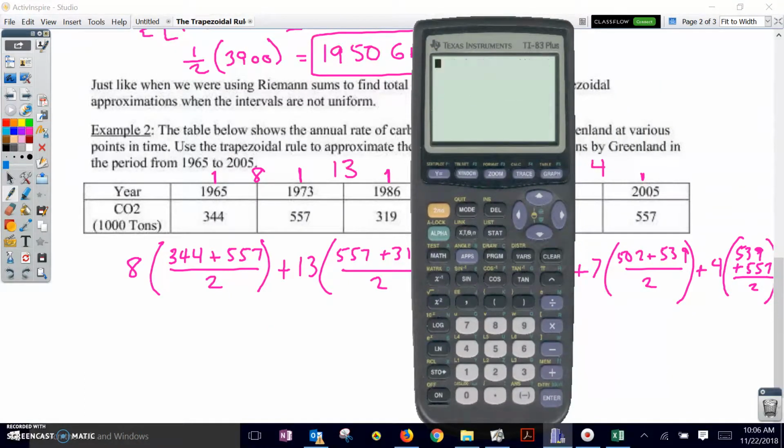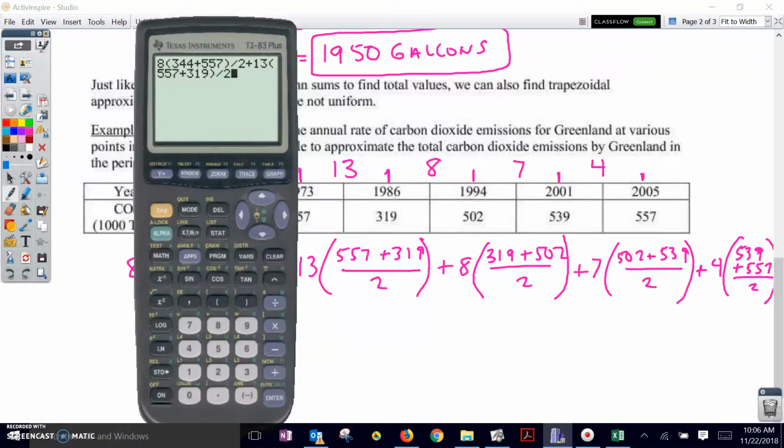And so I've got 8 times 344 plus 557 over 2, plus 13 times 557 plus 319 over 2, plus 8 times 319 plus 502 over 2, plus 7 times 502 plus 539 over 2, plus 4 times 539 plus 557 over 2.